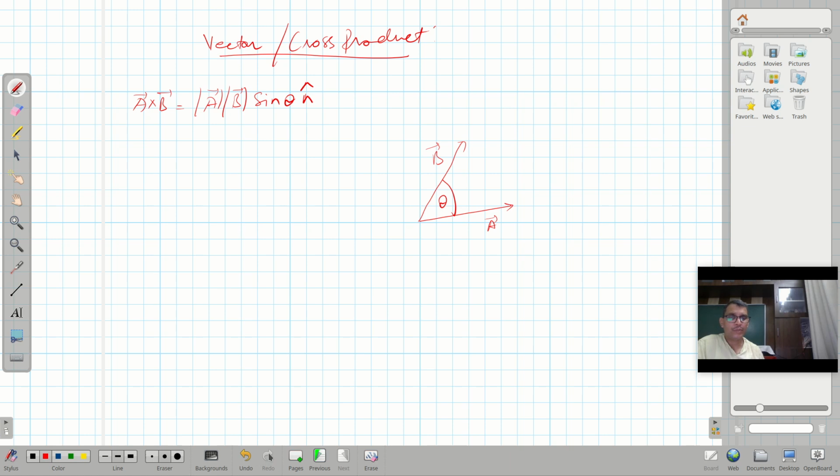Let me draw another diagram in terms of a Cartesian coordinate system.